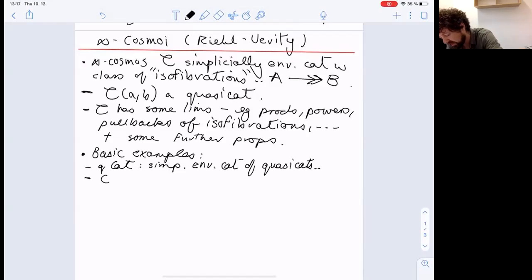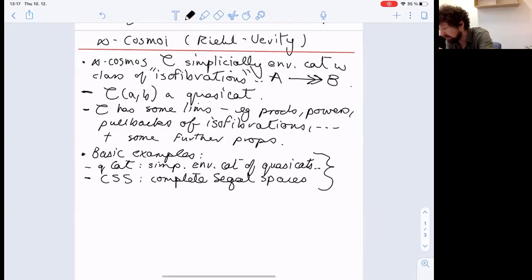Another case would be the infinity cosmos of complete Segal spaces. This is another model for infinity-one categories. So the idea is you can put different sorts of infinity-one category in these things, and you don't have to worry about what it is.